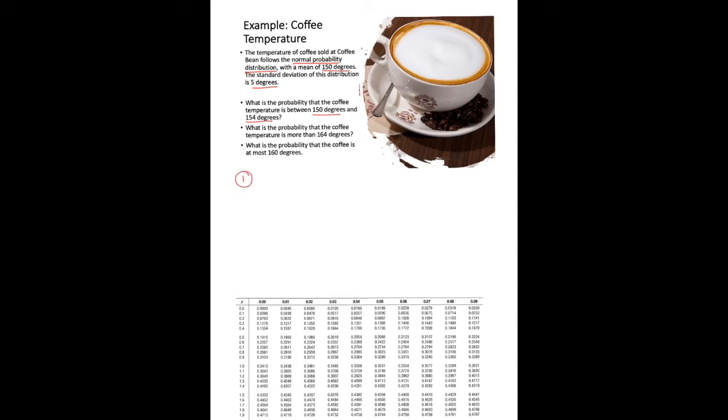Step 1 takes our random variables or raw data points and converts them into z-values. So first things first, let's convert 150 into a z-score. Recall that the z-score of any value is equal to x, which is that value, minus the mean of the distribution, which in this case happens to be 150, and we divide it by the standard deviation, which is 5. In this case, we have a value of 0 because 150 is also the mean.